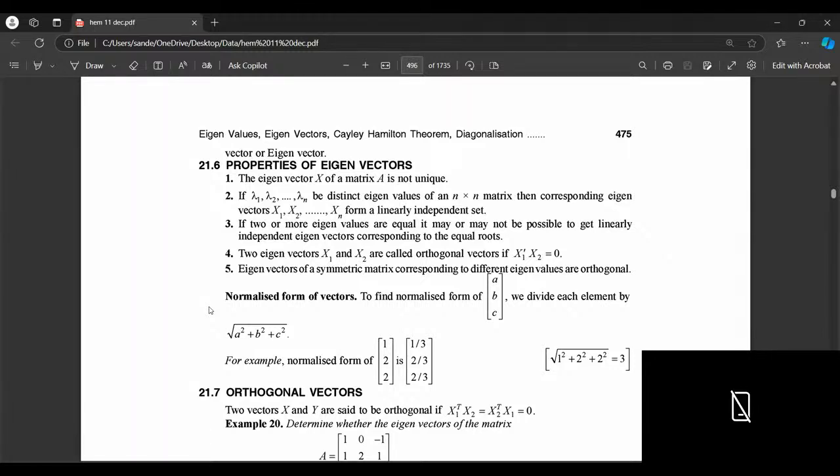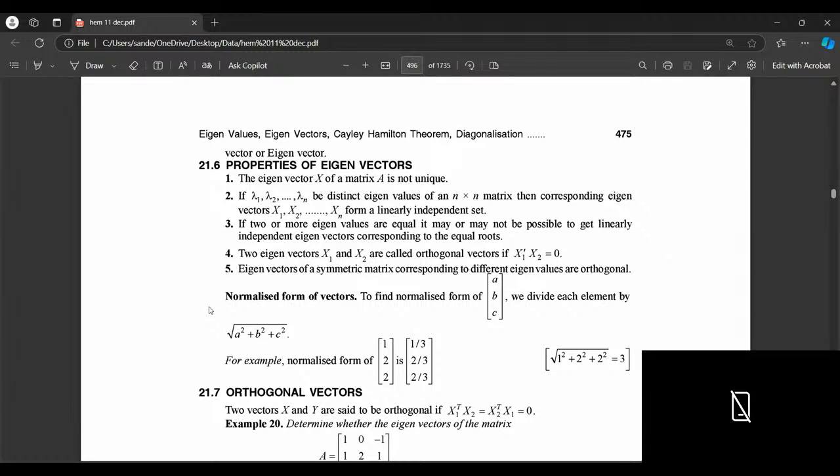And after finding eigenvalues, we started eigenvectors yesterday. Without knowing eigenvalues, we cannot find the eigenvectors. Eigenvectors are dependent on the eigenvalues.